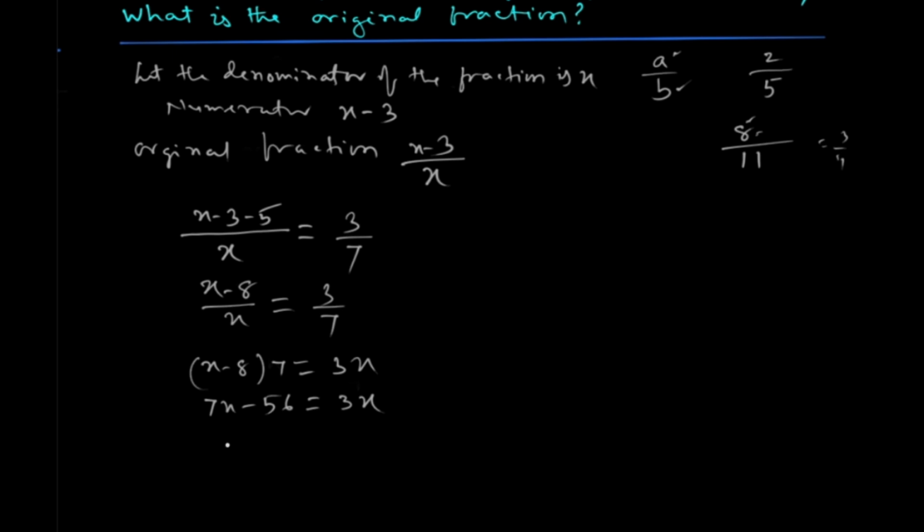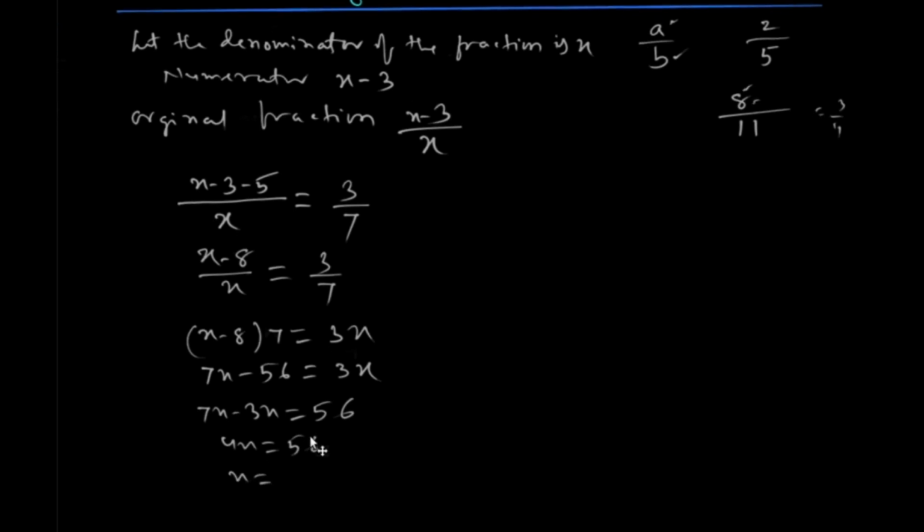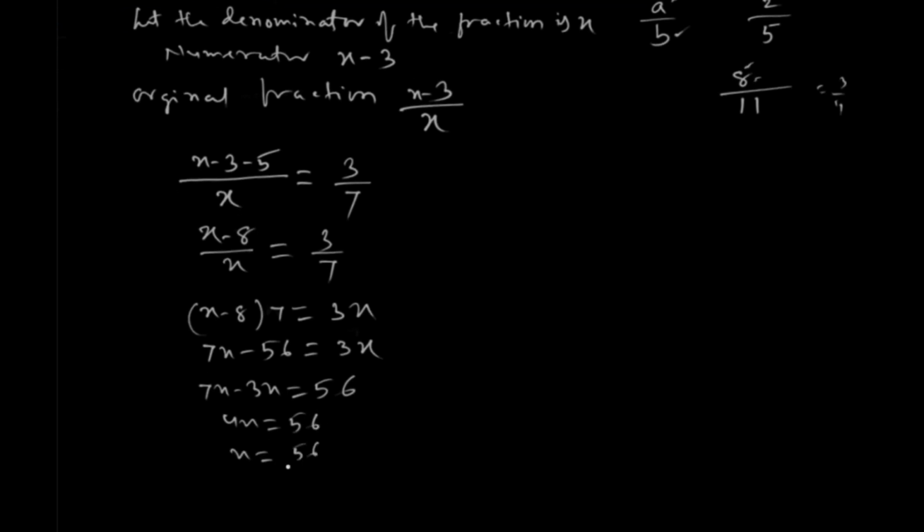Taking 3x to the left, 7x minus 3x is equal to 56, since minus 56 becomes plus 56 when brought to the right. So 4x is equal to 56. That means x is equal to 56 divided by 4, that is 14. So we get x is equal to 14. This is our solution.